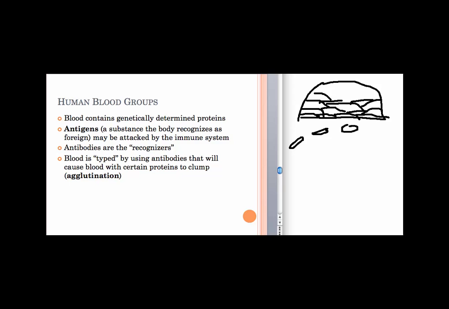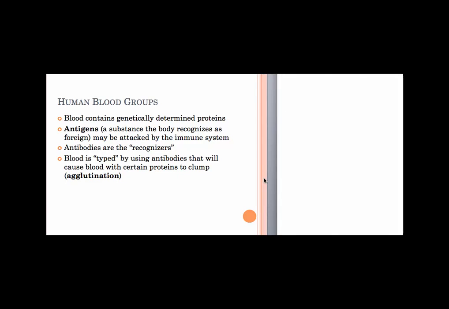Now the next thing we're going to look at are human blood groups. Human blood groups specifically have to do with the presence or absence of surface antigens. Antigens, as we talked about before, are surface markers that your body can recognize as self or non-self.